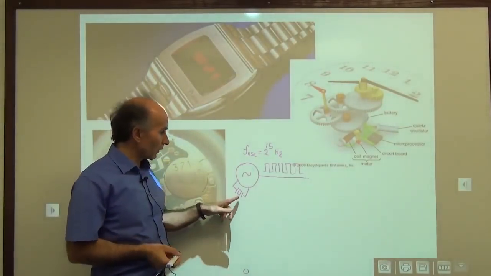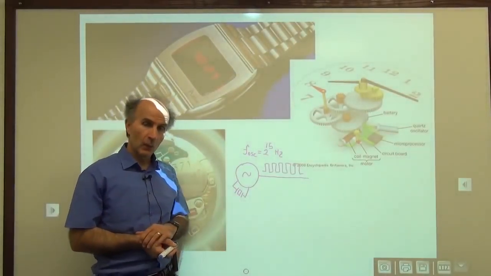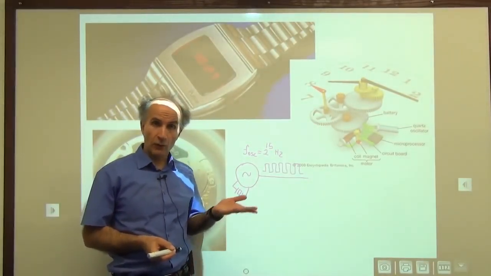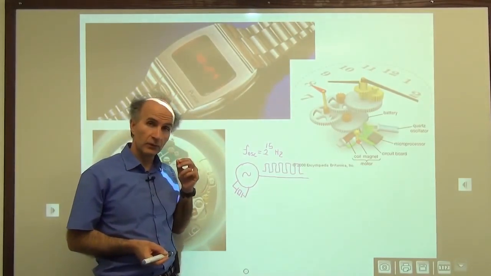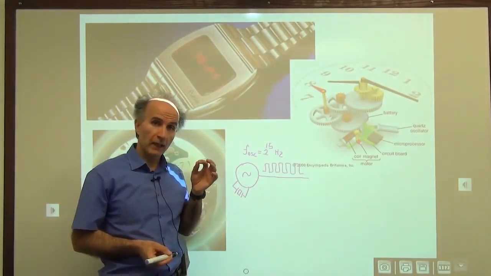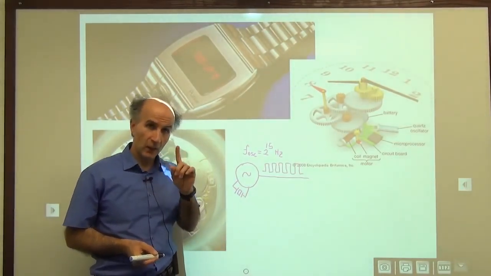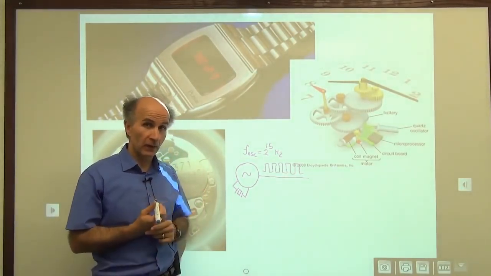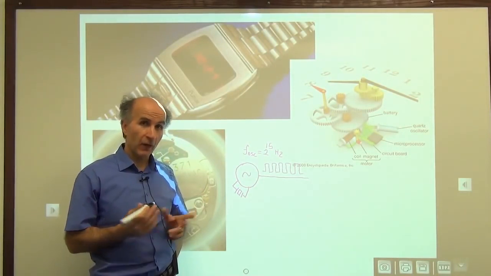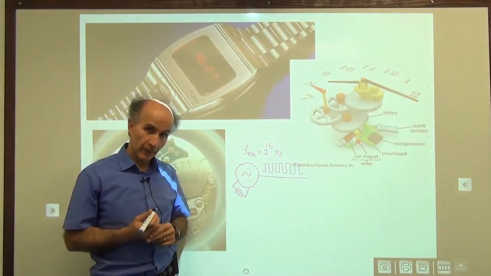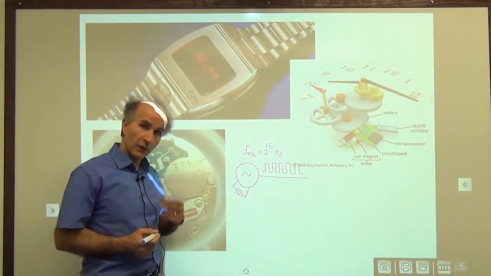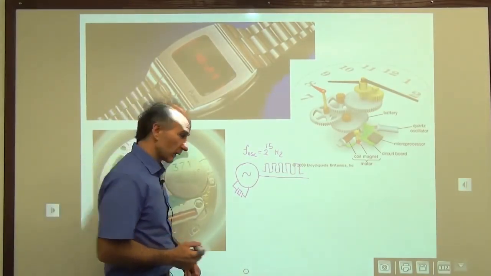Okay, so why do we need a crystal here? Well, you expect your watch to be relatively precise. So for example, let's say you wanted to lose or gain no more than 1 minute in 1 year. So the accuracy that we are dealing with here is very tight. We have about 500,000 minutes per year. So 1 minute over 500,000 is an accuracy of 2 parts per million, right?